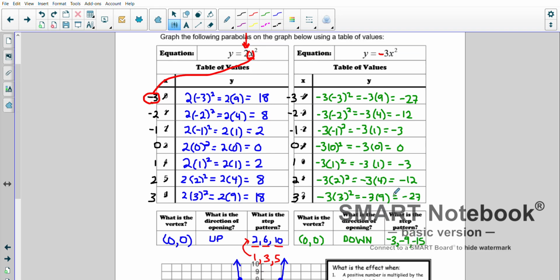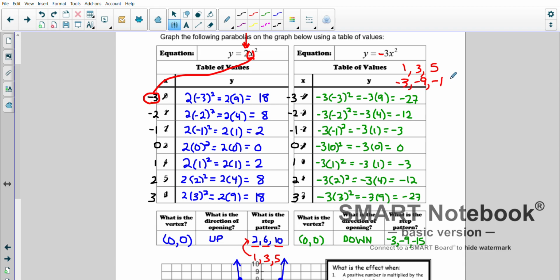Now, I got these off the graph, but let's say I just wanted to graph this without any of this information. Well, what do I know about this? I know the original step pattern of the basic parabola is 1, 3, 5. What would the step pattern of this be, knowing what we just did over here? Well, I would guess I would just multiply these by -3. So 1 times -3, 3 times -3, 5 times -3.